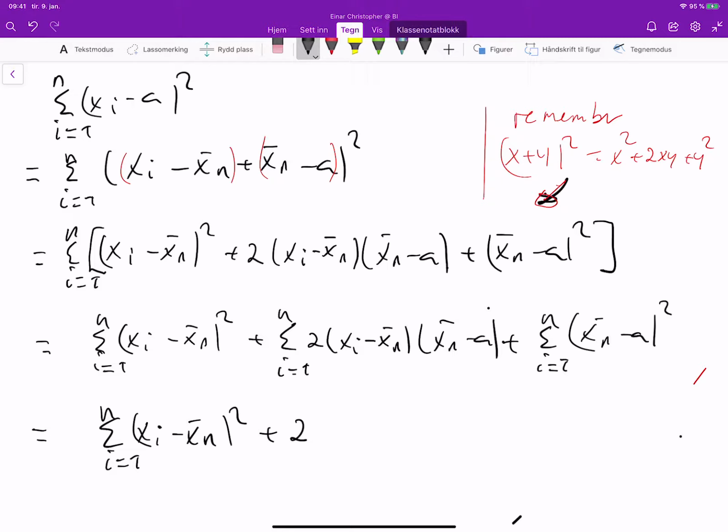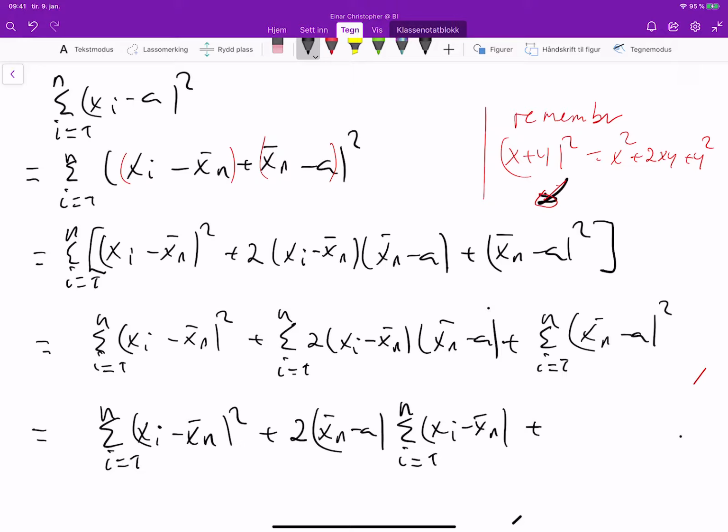So 2 times (x bar n minus a), that is just a constant, putting it outside the sum, and we get the sum, i equal 1 to n, of (xi minus x bar n), plus, and actually this last one is just a sum over a constant.